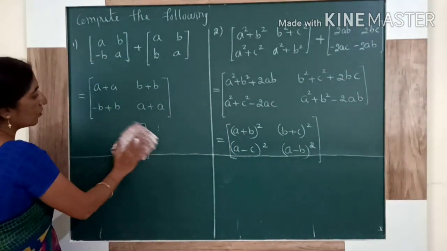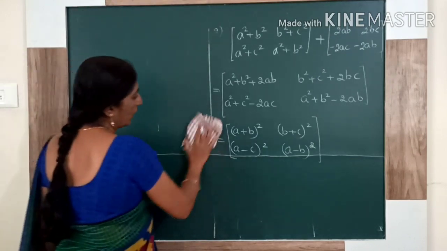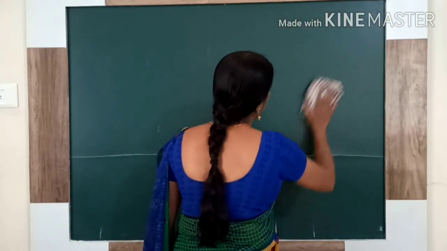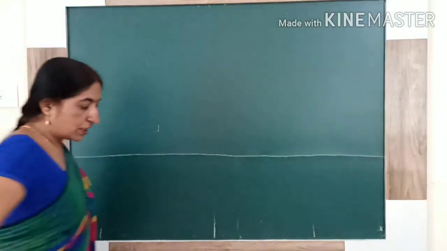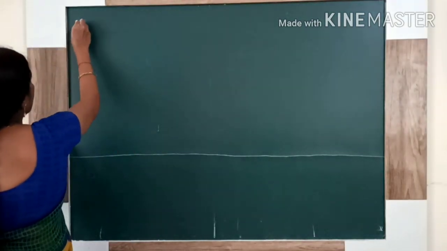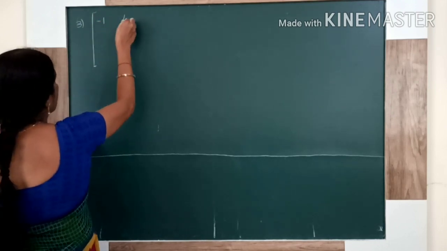Now I am giving you two examples as homework. So for assignment, just try those examples. It is nothing but simple addition. So note down these two questions and try them, because these are only simple addition. You have to add the corresponding elements.